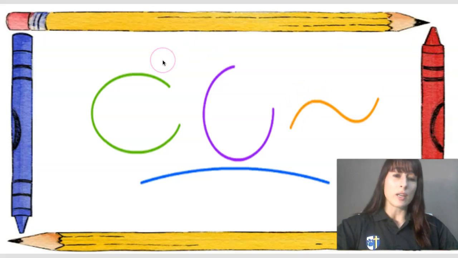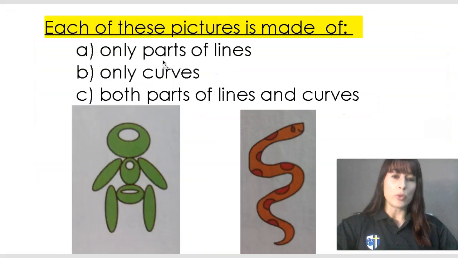Now, if you look at different pictures, you will notice that pictures could be made of curves only, parts of lines only, or both parts of lines and curves. Let's study these two pictures here and let's see if we can identify correctly if we see only parts of lines, only curves, or both.